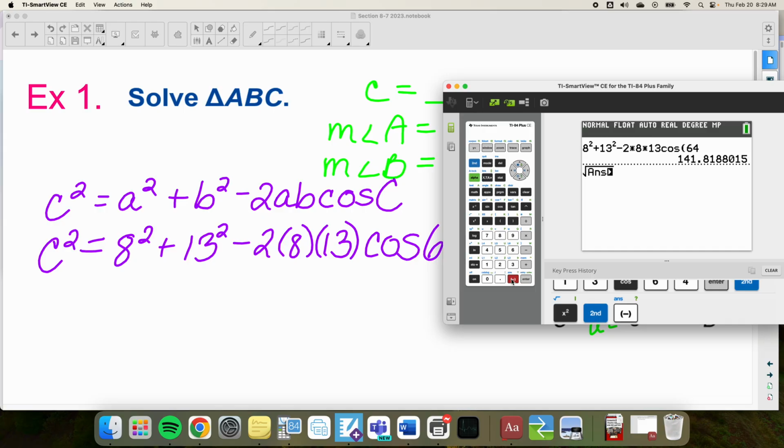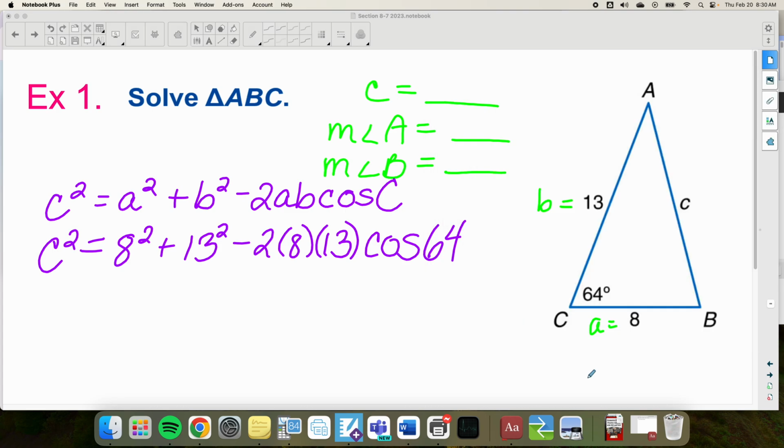And so what that's doing is pulling that under the square root, and it'll give us the most accurate answer. So then if we round that to 2 decimal points, it's going to be 11.91. Did everybody get that? So C is 11.91.